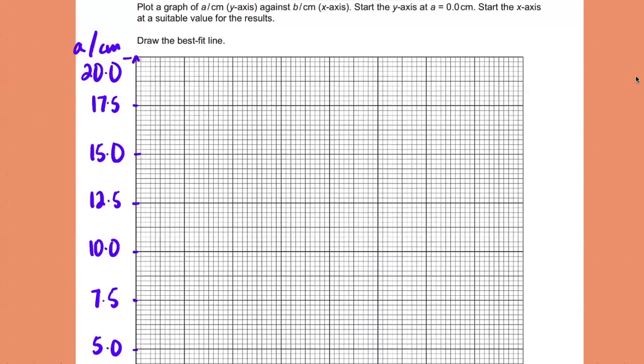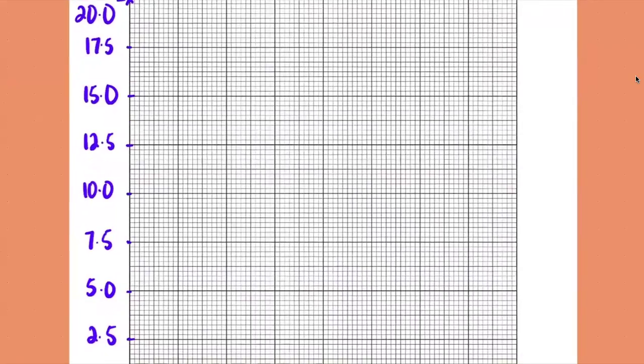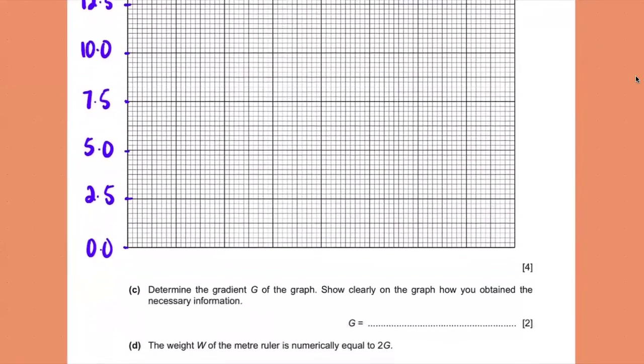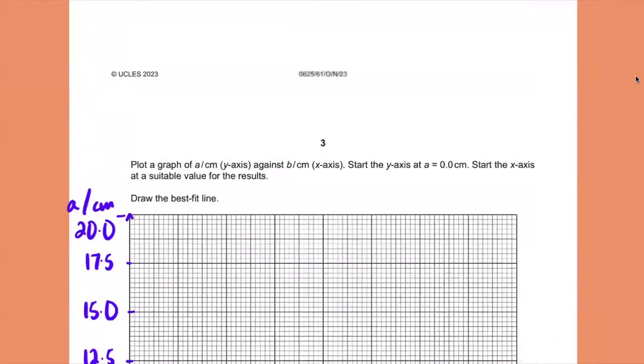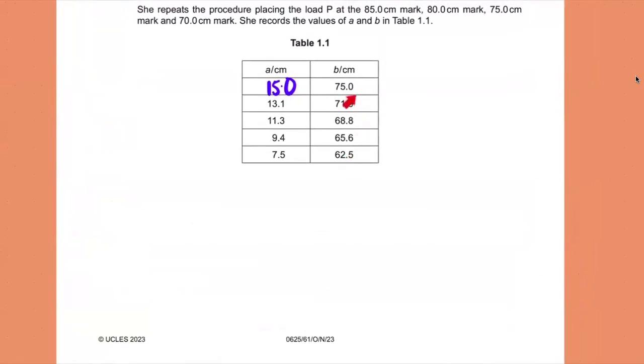Then for the B axis, we don't really have to start at 0.0. It was up to us, so we could use a false origin if we want to. Let's see what the B values are like. They start from 62.5 and go all the way up to 75. So if we take 60 to 75, you see these values are also going from 0 to 15, so they can go from 0 to 15 with 60 up to 75.